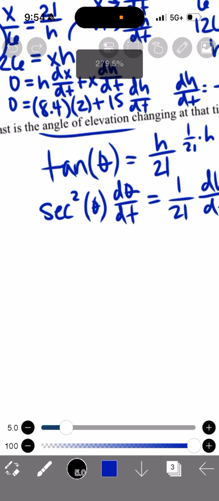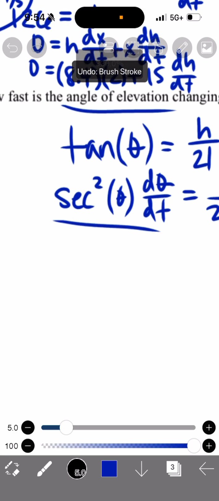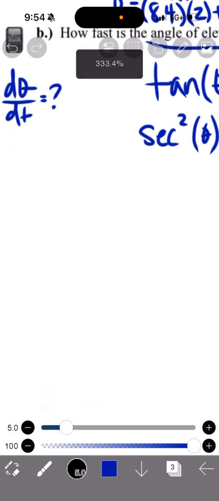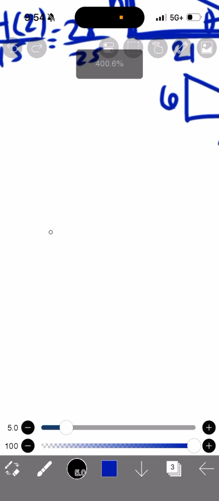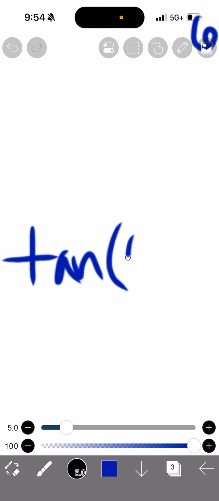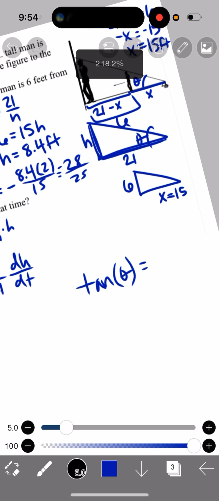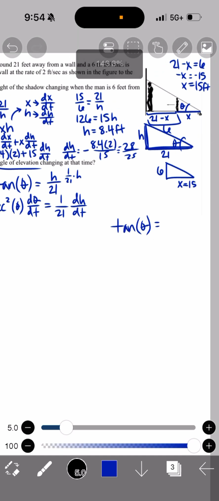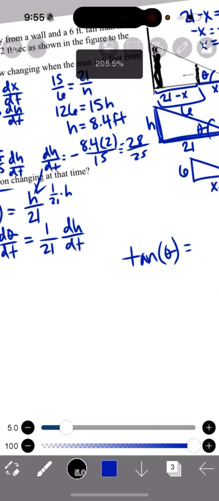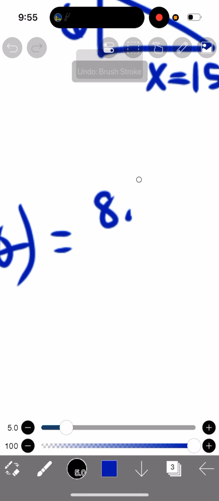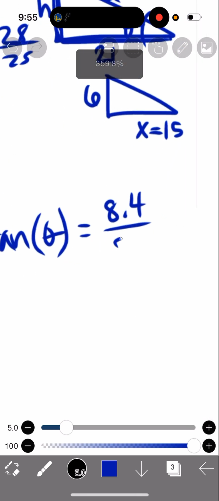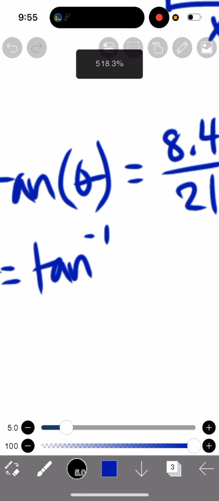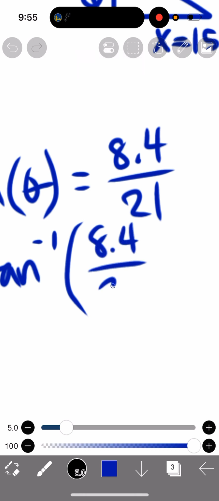So the most pain in the butt thing you got to do here is find the secant squared of theta. We can find out what theta is through just doing tangent. So tan of theta is equal to, and we can plug in because we're looking for it at the instant now, and we've already taken the derivative. So when we're finding the angle now, we can plug in that h value, which is 8.4, and then divide it by 21, and then theta is equal to the inverse tan of 8.4 over 21.